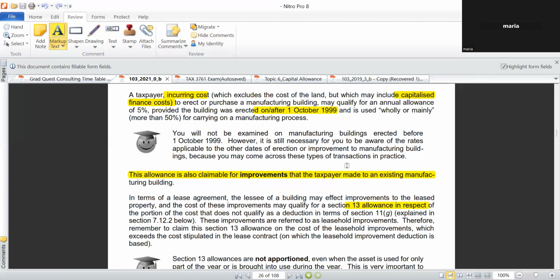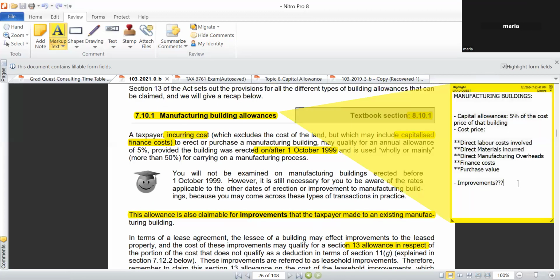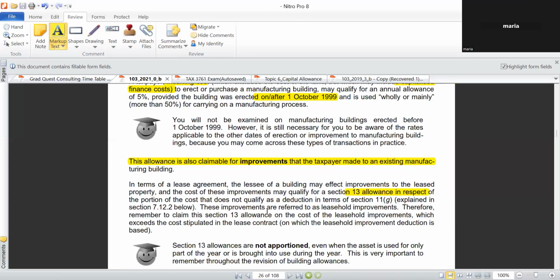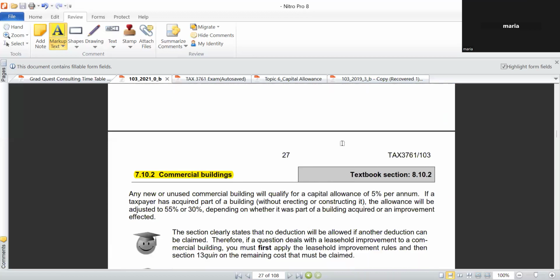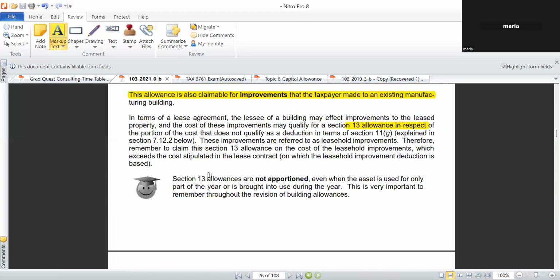Because remember, the moment you incur additional costs in the form of improvements, it will increase the value of the building in question. So the cost incurred is the one that you multiply by 5% in order to calculate the capital allowances on the manufacturing building in question. I do not want to take too long there. Then I want to move on to the other building, which is what?